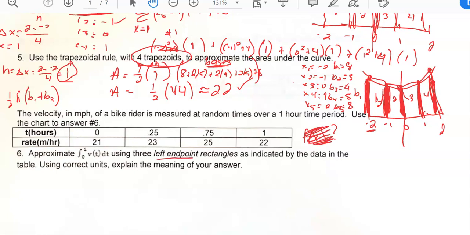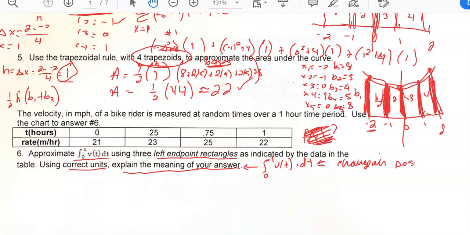So in this case, you're going to use 3 left endpoint rectangles to approximate this value, and then it says using correct units, explain the meaning of our answer. We can pretty much do this right now without even finding our answer. If we're going to be evaluating the integral from 0 to 1 of our velocity multiplied by our difference in time, what we are finding here is the approximate change in, what are we dealing with here?